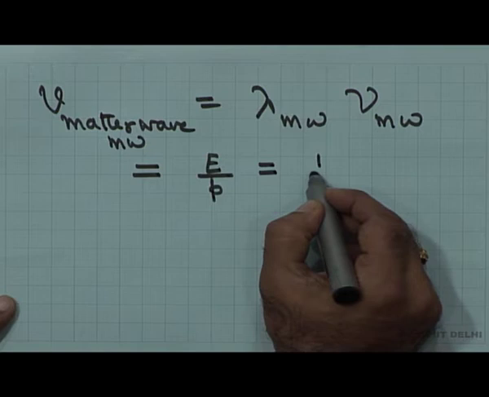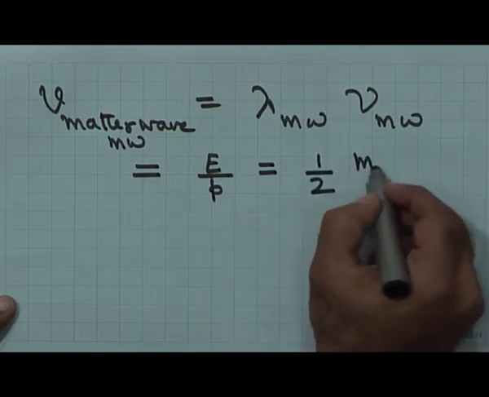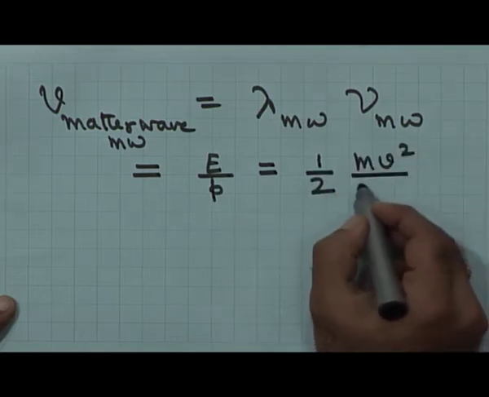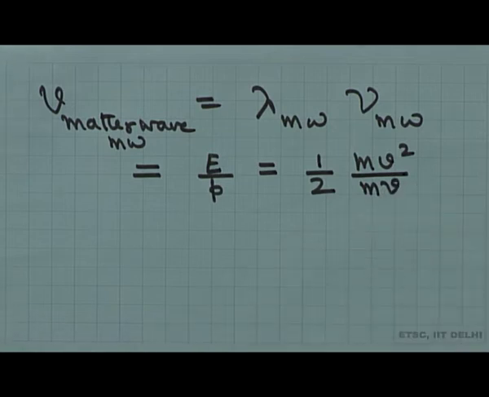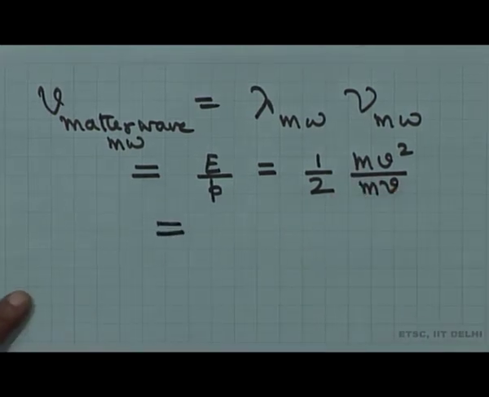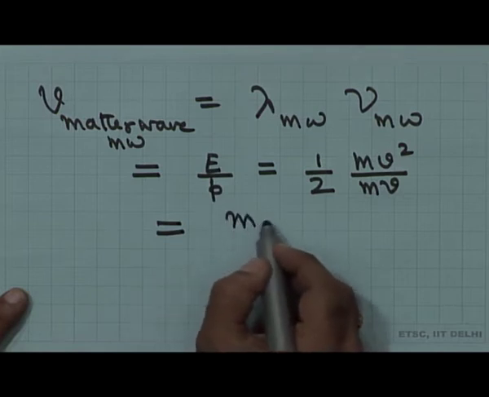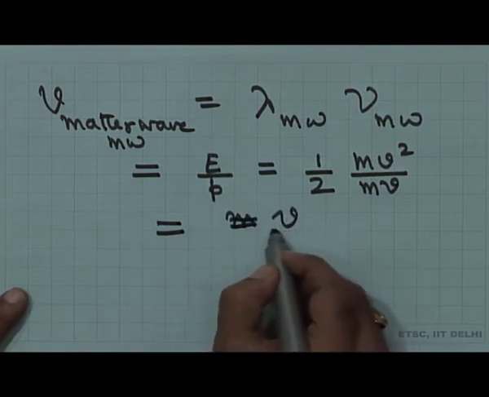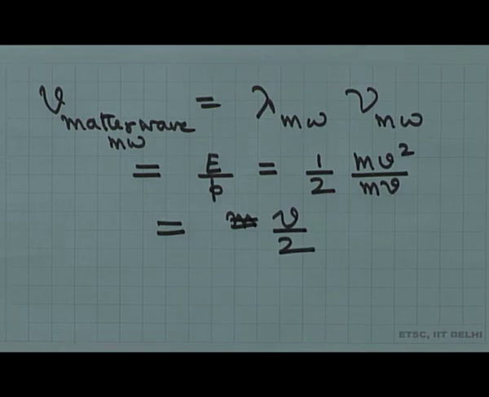And what is E? E is given by half m v squared, p is given by m v. Of course, it has the correct dimension of velocity, but if we calculate this, what are we going to get? We are going to get v by 2.